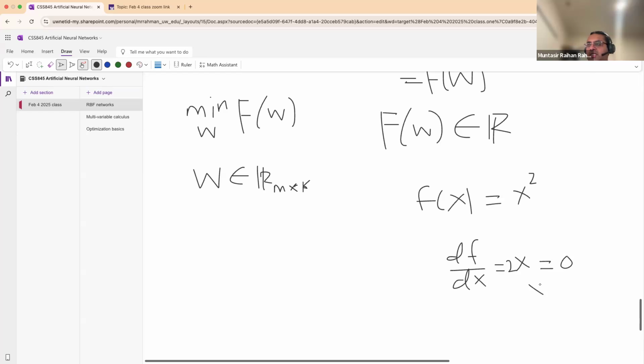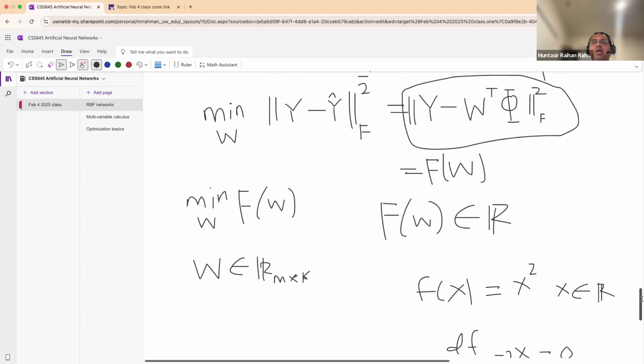And now you know that x equal to 0 is a minimum of this function, right? That's when x is a scalar. And we have to do exactly the same thing here. But now you see that the output is a real number, but the input is a matrix.